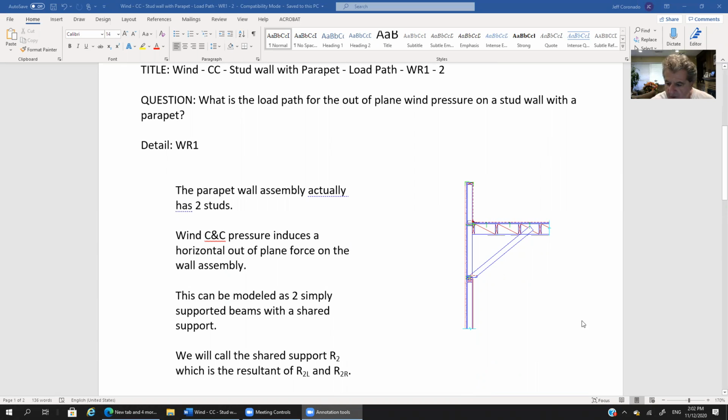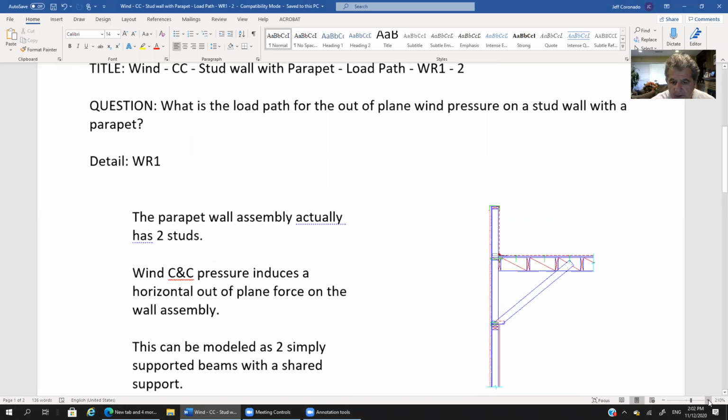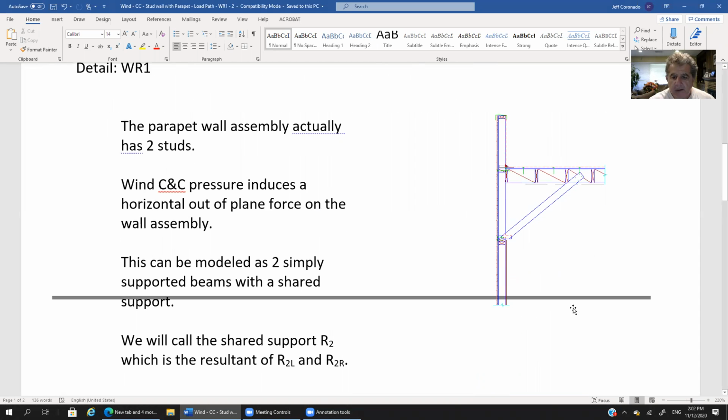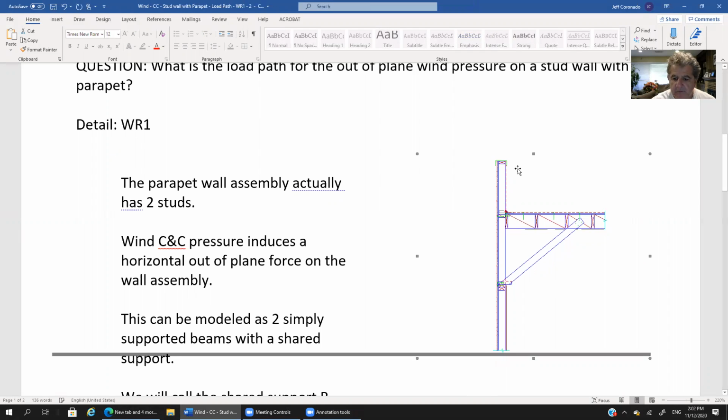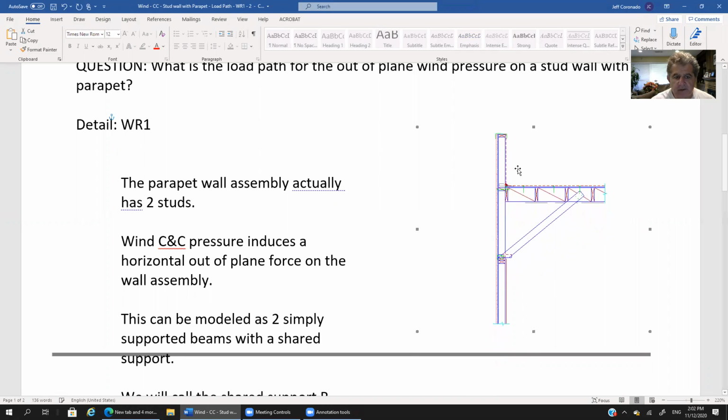So the detail is shown here. Let me make it a little bit bigger. All right, in essence, here's our detail.